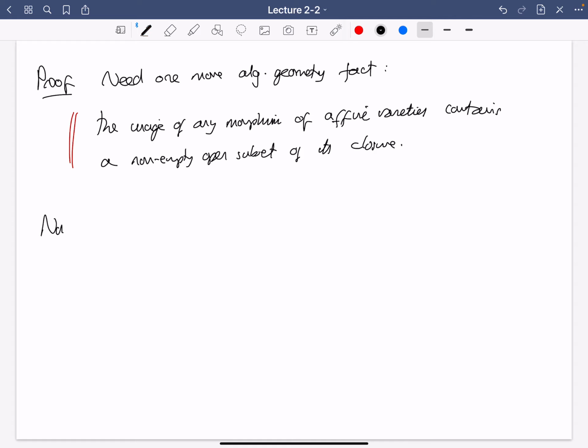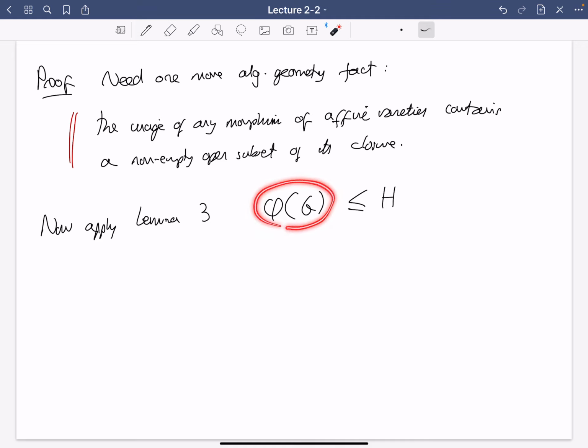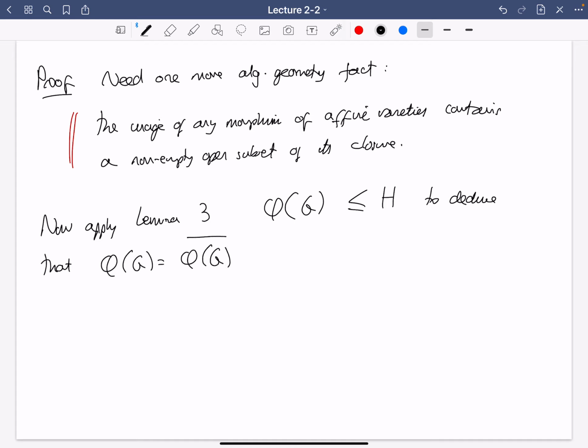So given that, all you have to do is you just apply lemma 3 to phi of G sitting inside H, and so the closure of this is a subgroup of H, and it contains a non-empty open subset of its closure, so by that second part of lemma 3, actually phi of G is equal to its closure. And that just does the job.